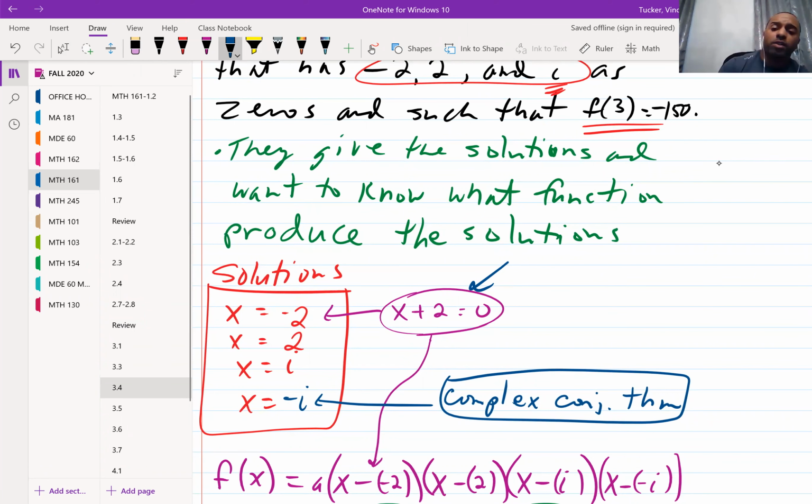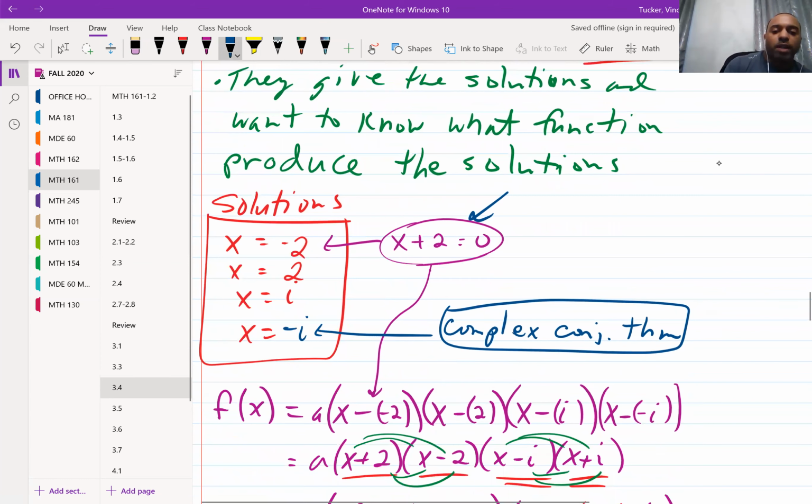We break them down into our parentheses, and then we set each parentheses equal to 0. Well, in order for x equal to -2 to be one of my solutions, then in one of my parentheses, I had to have x plus 2. So when I set it equal to 0, I subtract 2 from both sides, and I have x equal to -2.